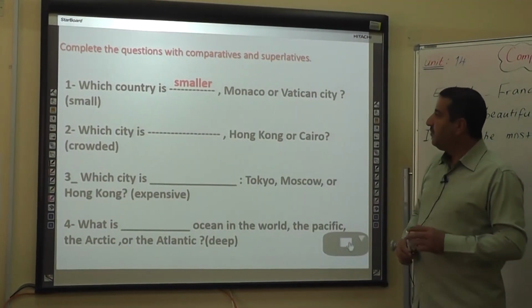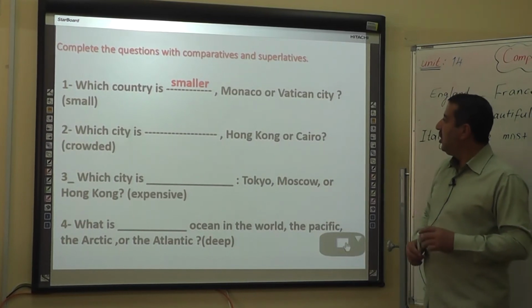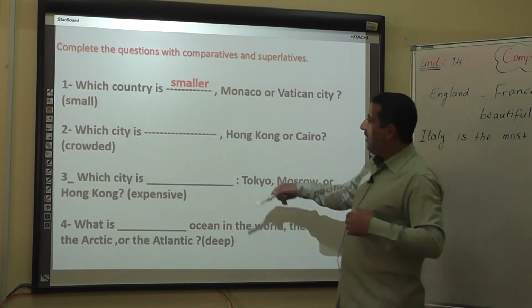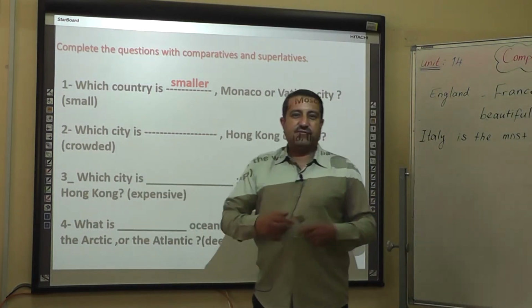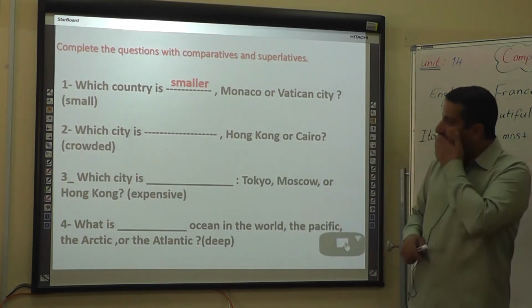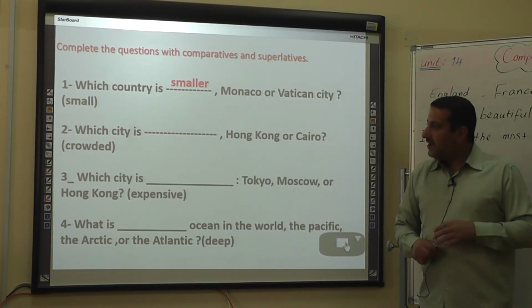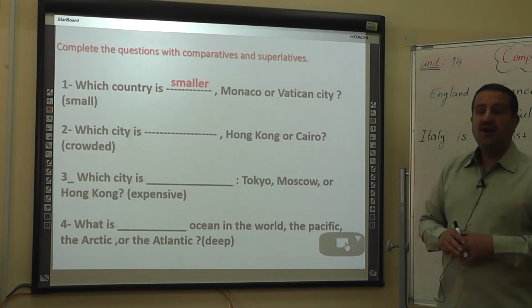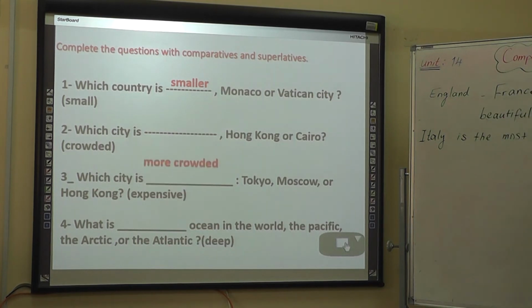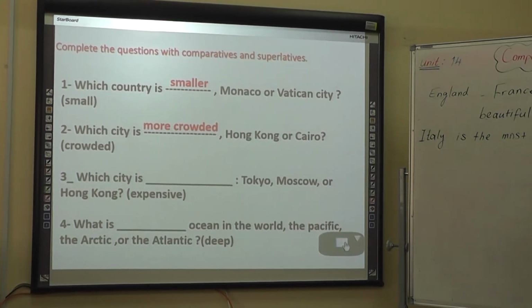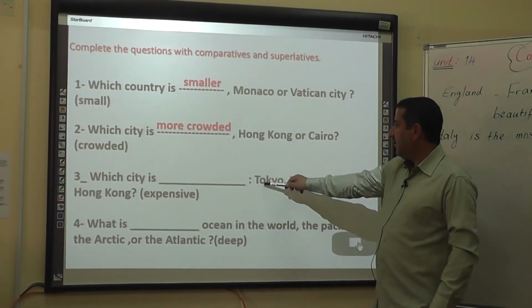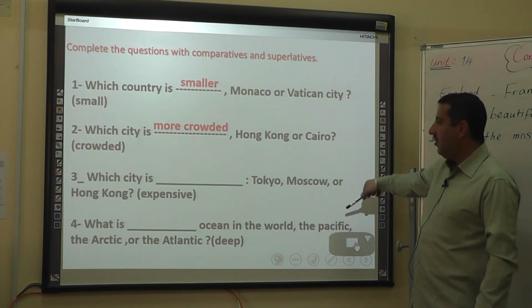Number 2, which city is more crowded, Hong Kong or Cairo? We have the adjective crowded. Crowded means busy. Okay, crowded has more than one syllable. So in this case, we say which city is more crowded, Hong Kong or Cairo. Okay, number 3, which city is the most expensive, Tokyo, Moscow, or Hong Kong?